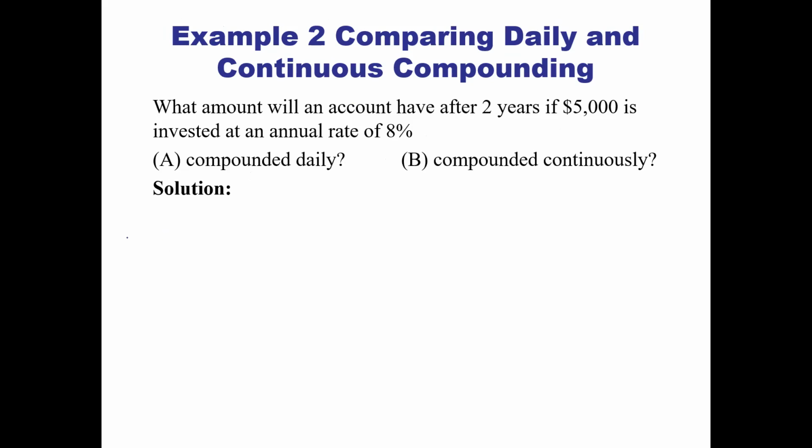Compounded daily, A is equal to $5,000 for the P, times 1 plus our rate of 8%, so 0.08, over 365, because they didn't say it's a banker's year, and then the exponent is 365 times 2.